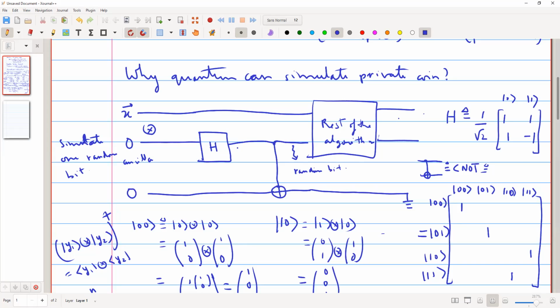If I had not done this, what would I have got? You would have gotten essentially a pure state, this vector. Then you convert it to a density matrix, and see how different it looks.